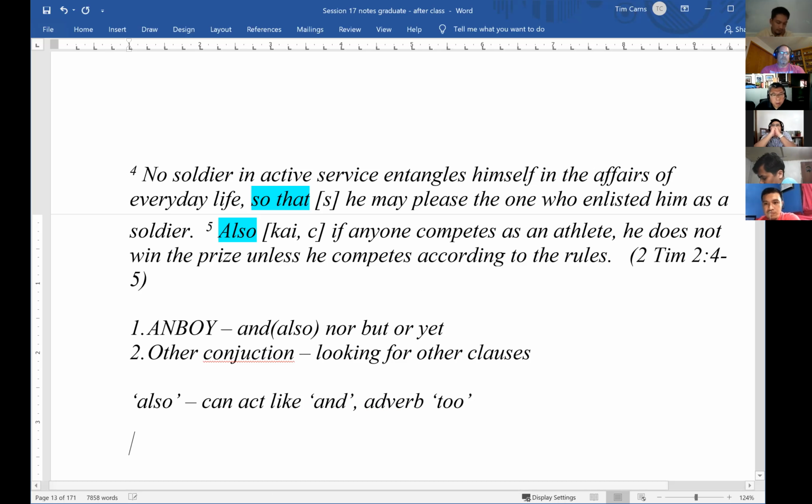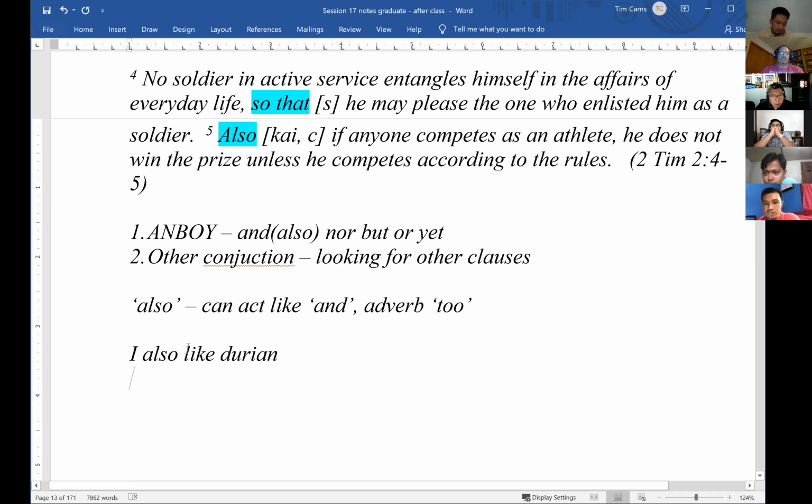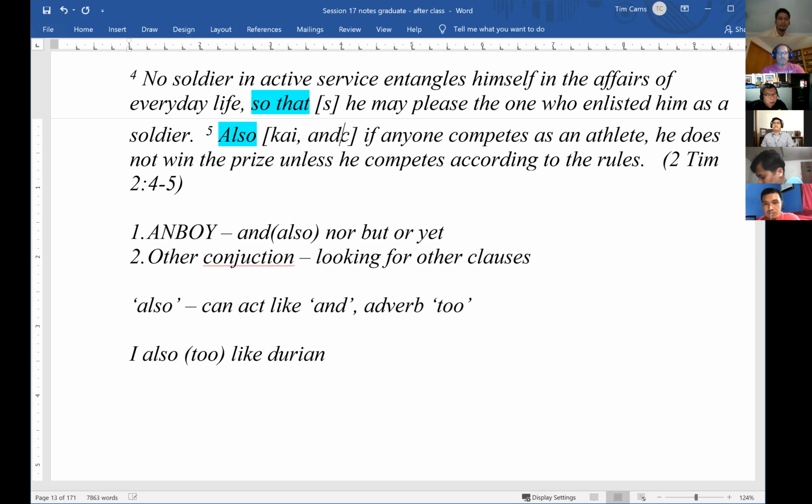Here it's not functioning like a conjunction. It's not "I and like durian." It's functioning like an adverb: I too like durian. So that word "also" is a little tricky. Because they use the word kai here, it's really a conjunction. The NAS should have translated this as "and," which we know is coordinating.